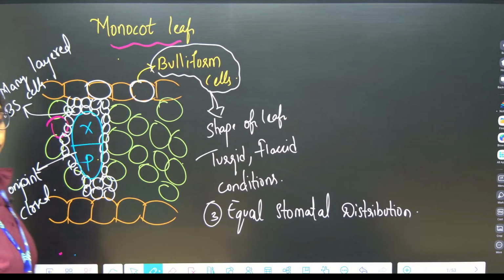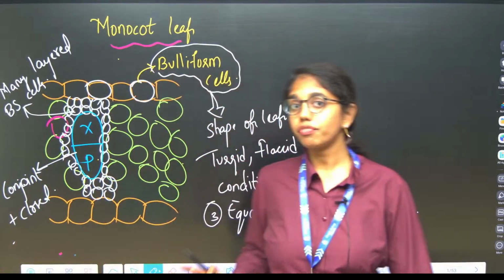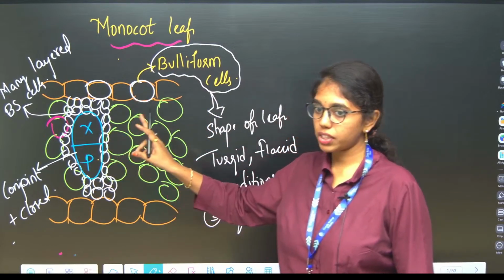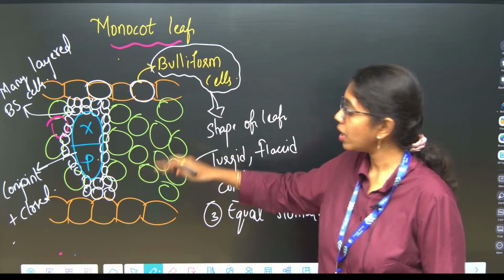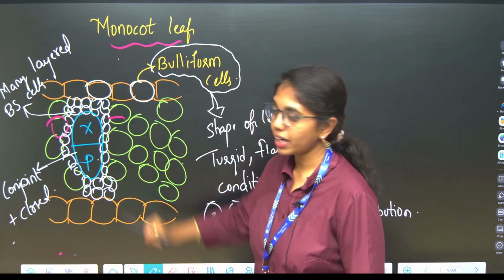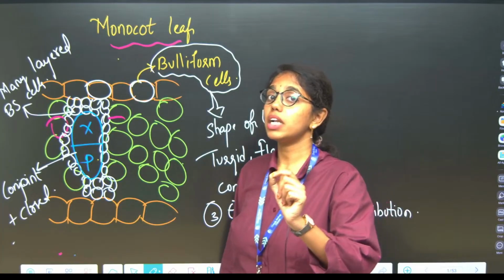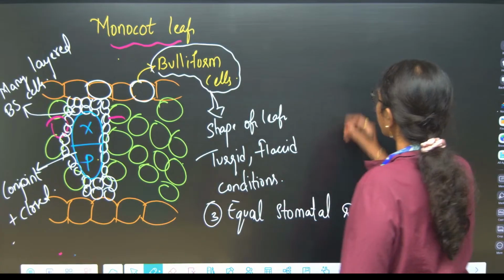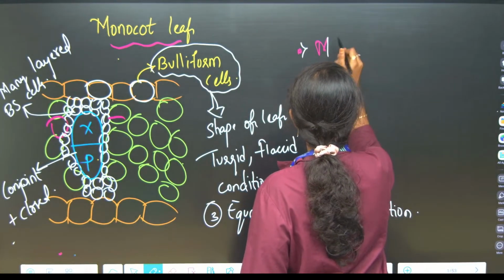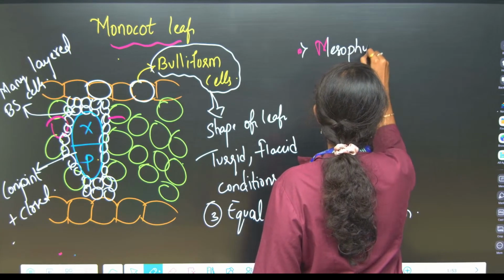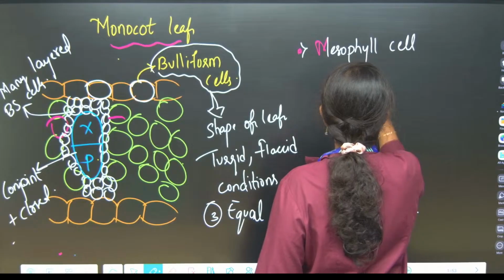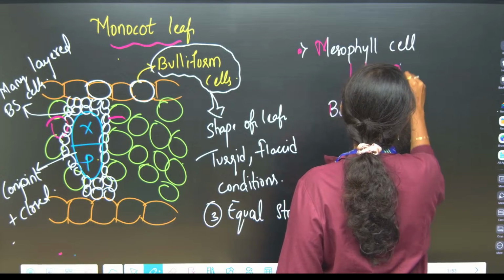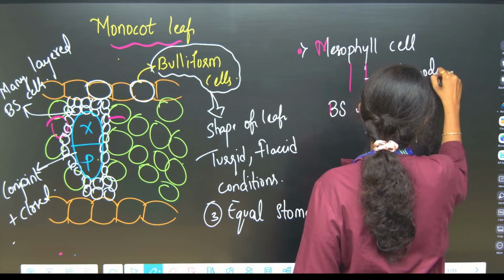Of course, when we deal with physiology, we will learn in detail, but as of now, do remember that two carbon dioxide fixations will happen in most of the monocot leaf, one in the mesophyll cells and second in the bundle sheath cells. Mesophyll cells and bundle sheath cells are connected by plasmodesmatal connections.